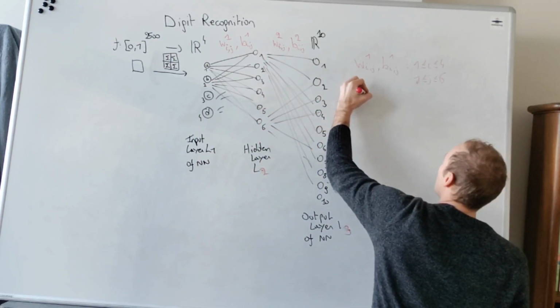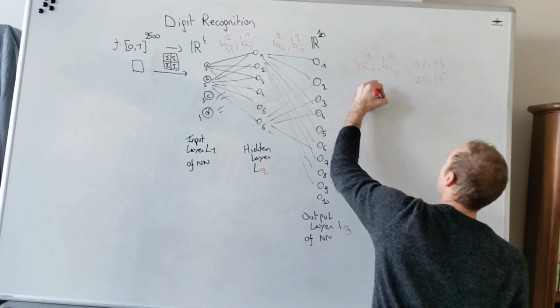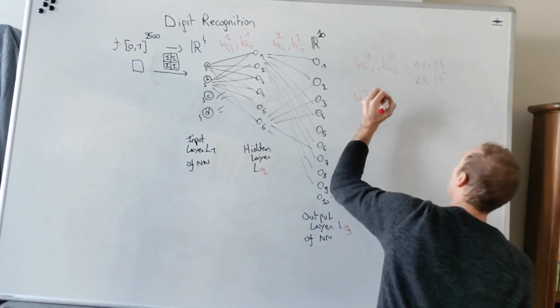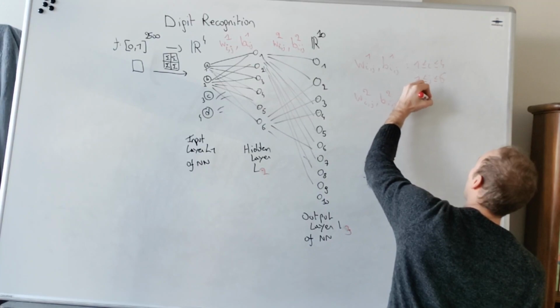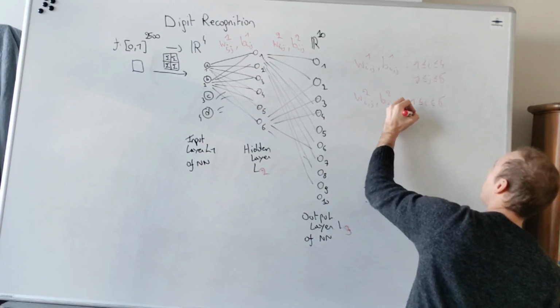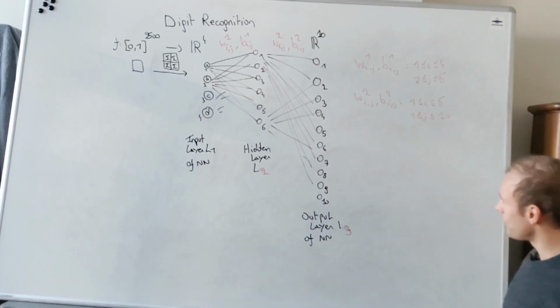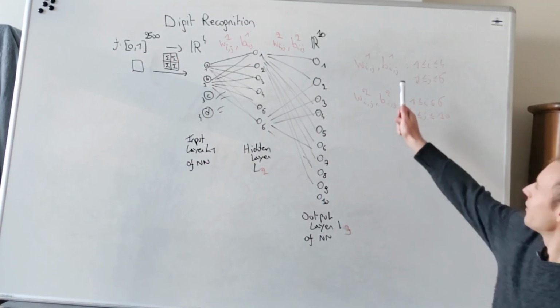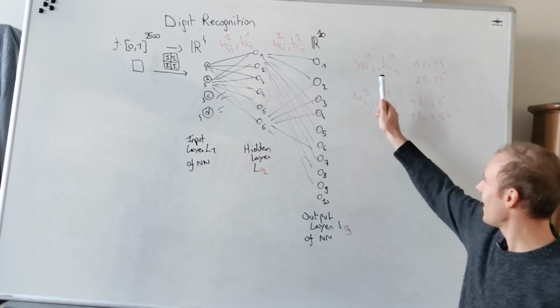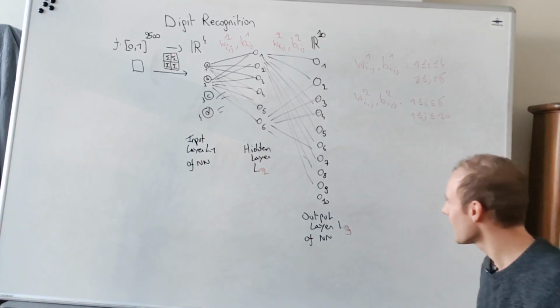And the same here, W2 IJ, B2 IJ, and for these guys I goes from, guess it right, 1 to 6, J goes from 1 to 10. And I should have given myself some more space here. That will become clear later on.